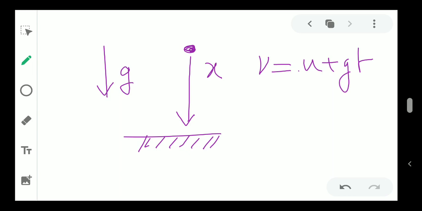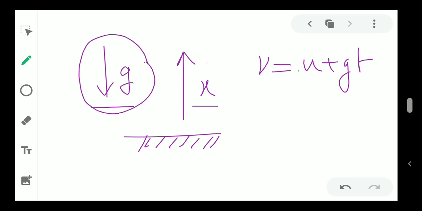But if I am throwing it upward, what was happening in that case? When I am going up, the displacement is increasing, but when I am going down, displacement is decreasing. So see, g and x are now different. So now you know that g, that means the acceleration, is a vector quantity because direction is important here. As we are now going up, the direction is changed or flipped.